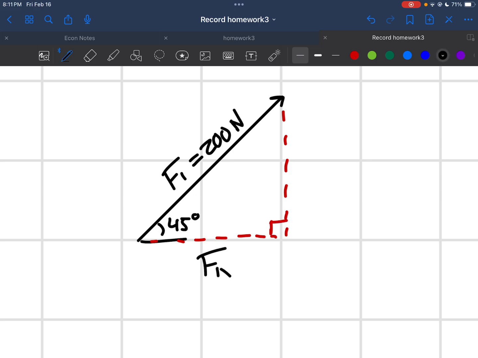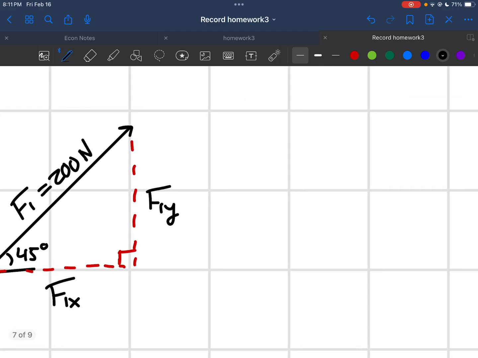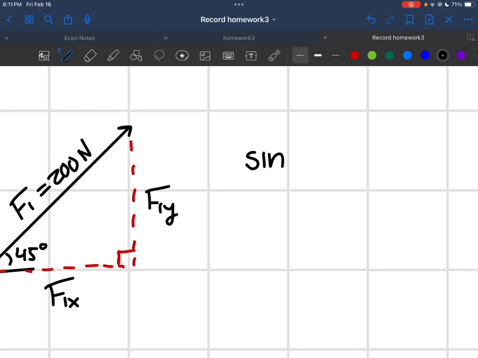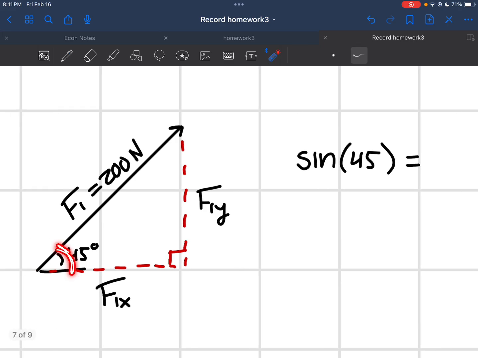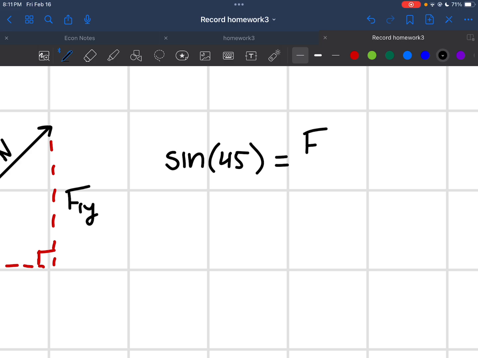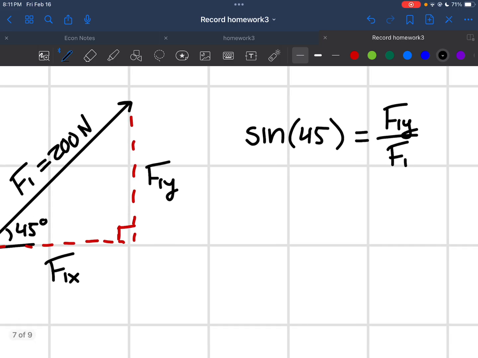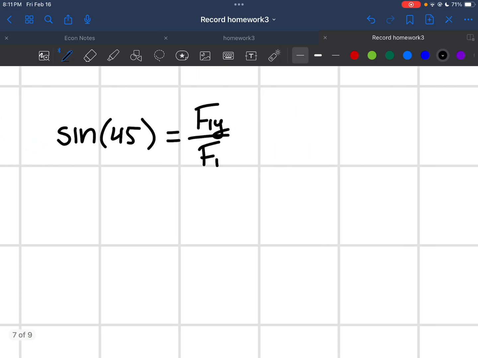This will be my F1x. This will be my F1y. I'm going to throw a trig function at it. I'm going to say sine of 45 degrees is opposite. So opposite to this angle is F1y over my hypotenuse, which is F1. So I can solve this and say that F1y equals F1 sine 45.